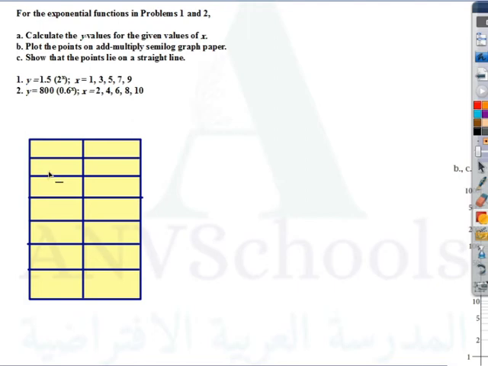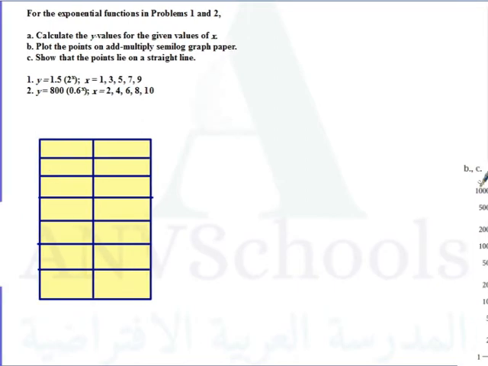Okay, so this is enough. We will have x and y. This is my x, and this would be my y. My x is 2, 4, 6, 8, 10.